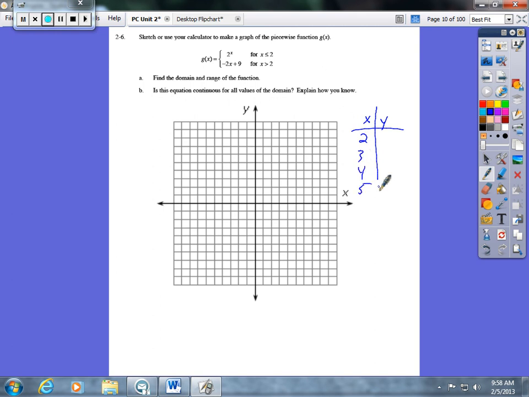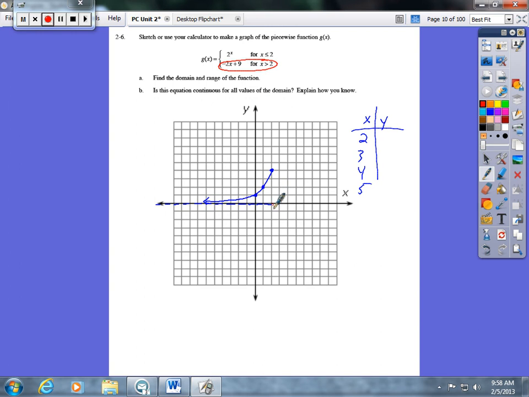When x is less than or equal to 2, 2 squared is 4, 2 to the first is 2, 2 to the 0 is 1. And we know what that's going to look like. It's exponential. It has a horizontal asymptote here. And then when x is greater than 2, I have a linear version of that same graph: negative 2x plus 9.